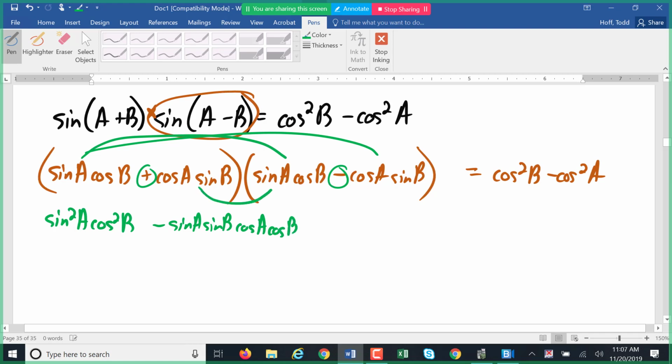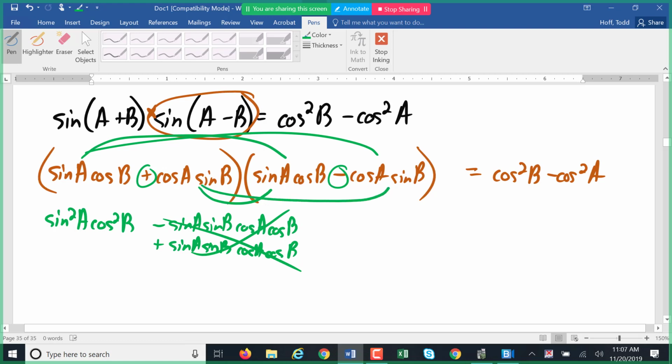On the inside, positive cosine a sine b times sine a cosine b, that's a positive sine a sine b cosine a cosine b. Notice those terms are going to cancel out.